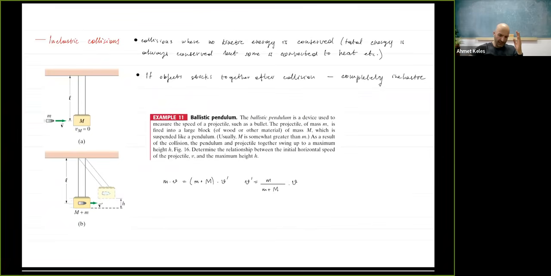You have this initial kinetic energy, E prime, and how much the block will rise, right? And how much the block will rise is determined by the kinetic energy conservation after the collision.